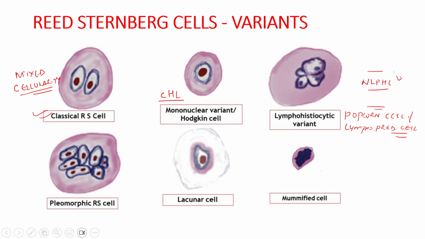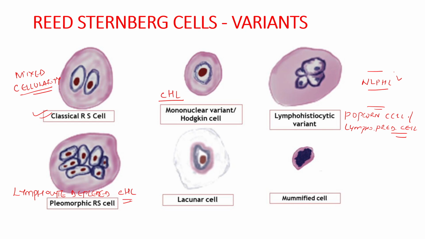Then we have the pleomorphic Reed-Sternberg cell. It is a highly pleomorphic cell with a large bizarre hyperchromatic nucleus. It is common in the lymphocyte depleted subtype of classic Hodgkin's lymphoma.